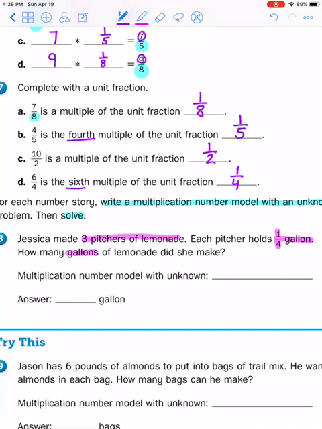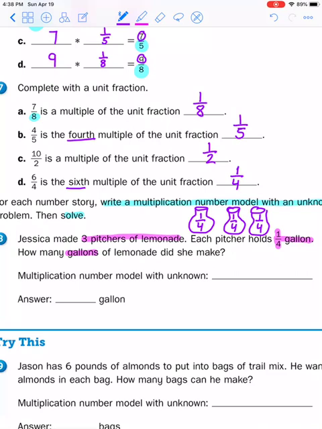So if you wanted to draw a picture, this is my little gallon pitcher of her lemonade, and she made 3 pitchers, and each of those held 1/4. So she used 1/4 3 times.